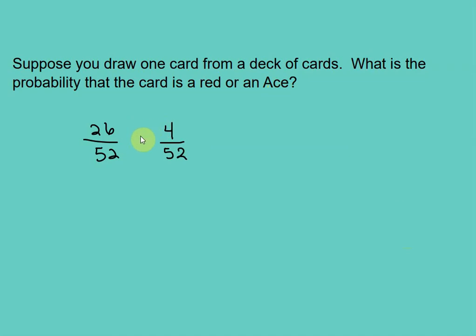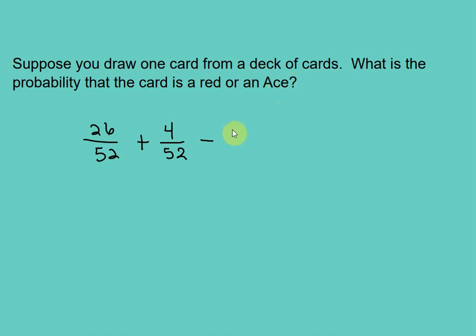So to get the probability that when we draw one card out of a deck, we get either a red card or an ace, we would add these two together, but then we would have to subtract any that overlap. Are there any red aces? Yes, there are 4 aces, one from each suit. So there's the ace of diamonds and the ace of hearts that are both red. And then we have the ace of clubs and the ace of spades that are black.